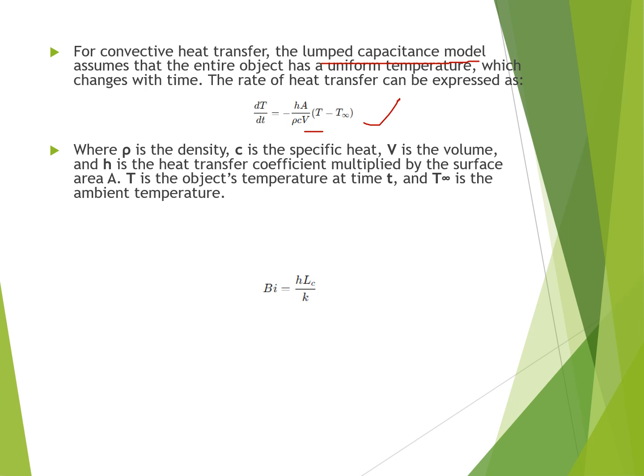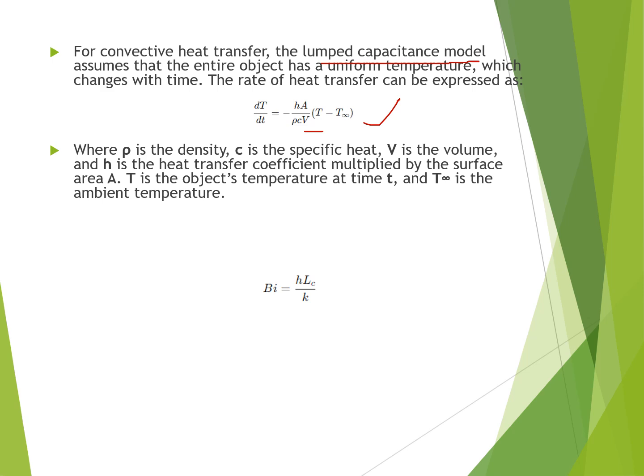C is the specific heat, V is the volume, A is the surface area, and h is our convective heat transfer coefficient. So when we have to calculate unsteady convective heat transfer, we'll use this formula.